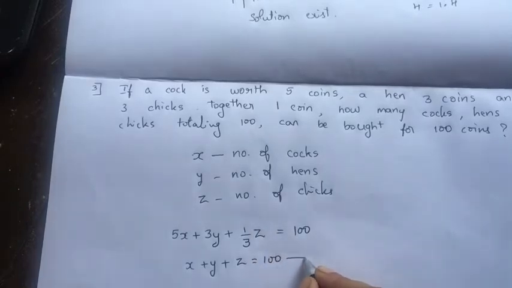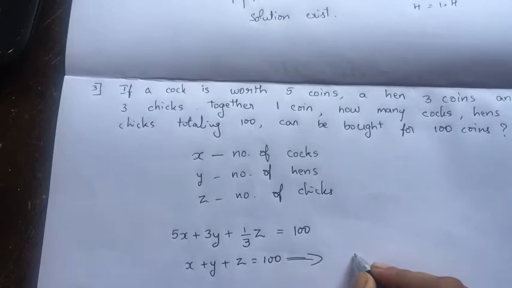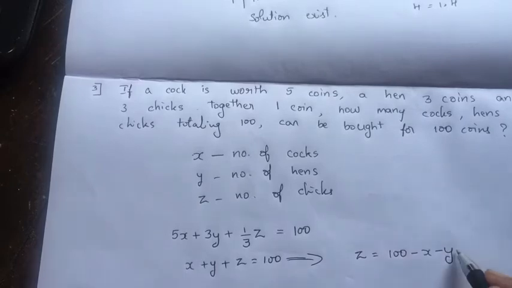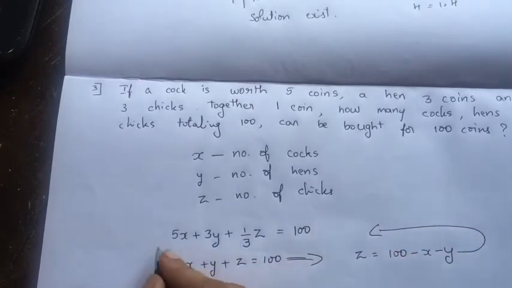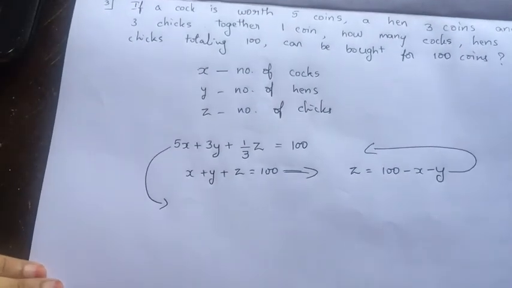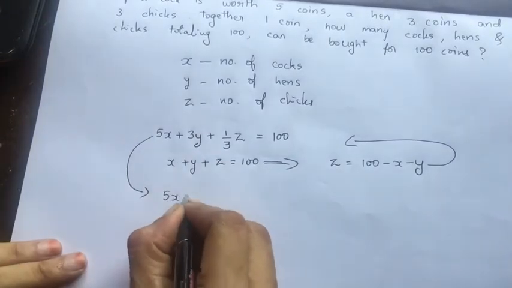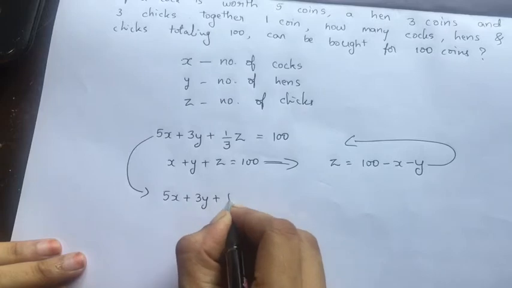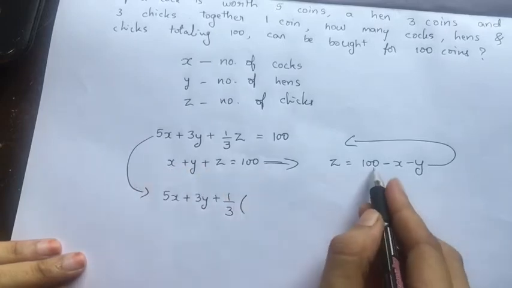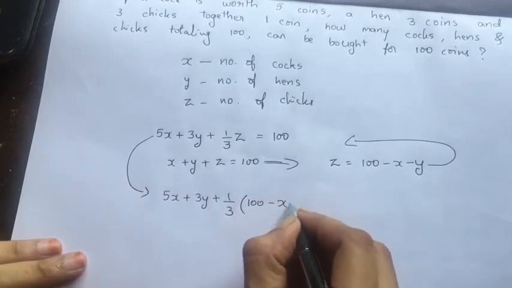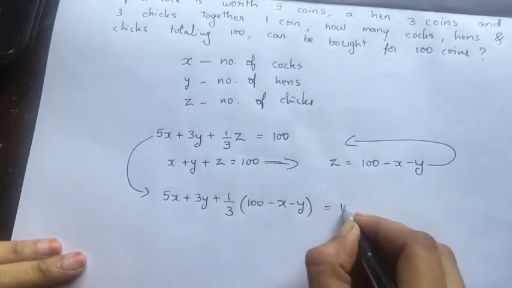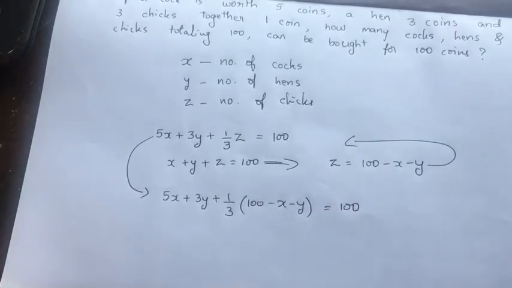I'm rewriting this equation as z equal to 100 minus x minus y, and putting this in the other equation, so that it becomes, I hope you can see, 5x plus 3y plus 1/3 into (100 minus x minus y) equal to 100. Now I'm rewriting this equation.